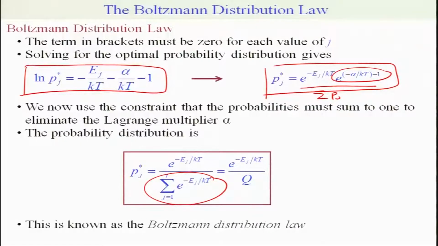We have said that the summation of this Boltzmann factor is nothing but the partition function q. This expression, the Boltzmann factor corresponding to the energy level j divided by the partition function, is called the Boltzmann distribution function, or sometimes the Boltzmann distribution law. So, this is the derivation based on the earlier exercises which we have done.